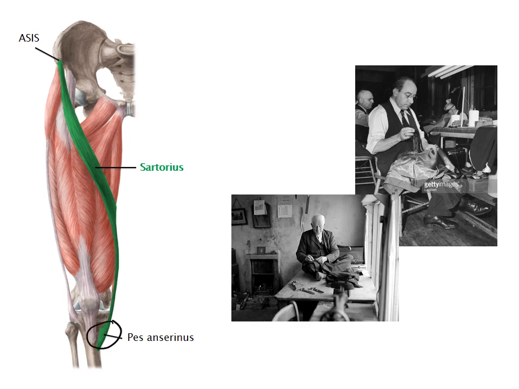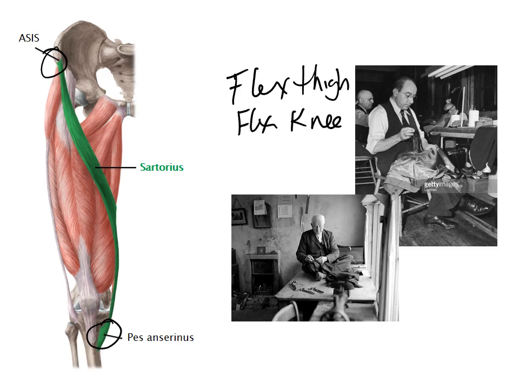Considering the distal point needing to move upwards towards the proximal point, you might imagine that the sartorius assists in flexion of the thigh, flexion of the knee, since it does cross the knee and the thigh, and then abduction.